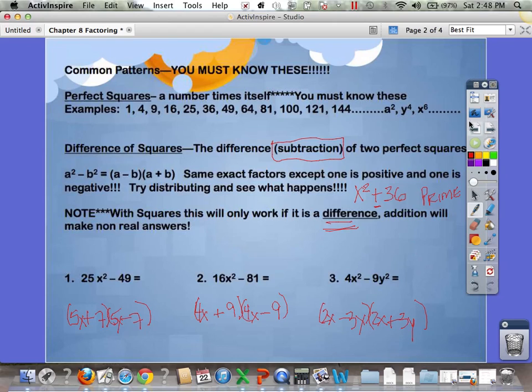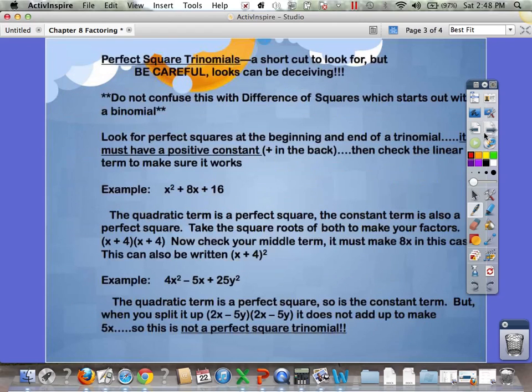Now, perfect square trinomials, be very careful with these because they can be deceiving. Sometimes they look like perfect squares, but the middle doesn't work out. So you need to check them, make sure they work before you just write down the pattern. Don't confuse this with the difference of squares, which starts out with a binomial.